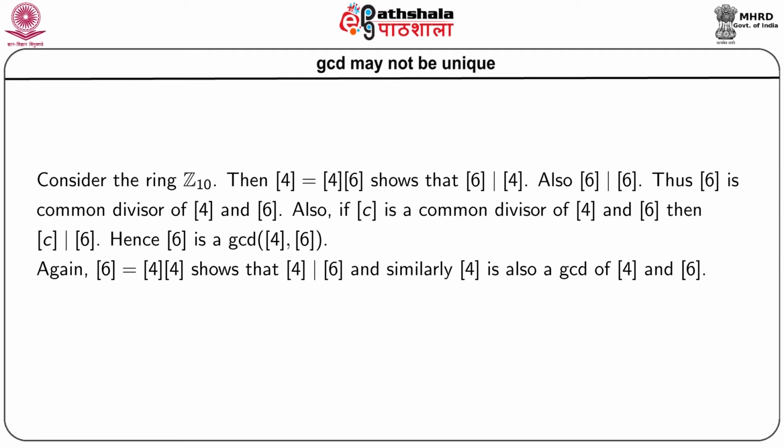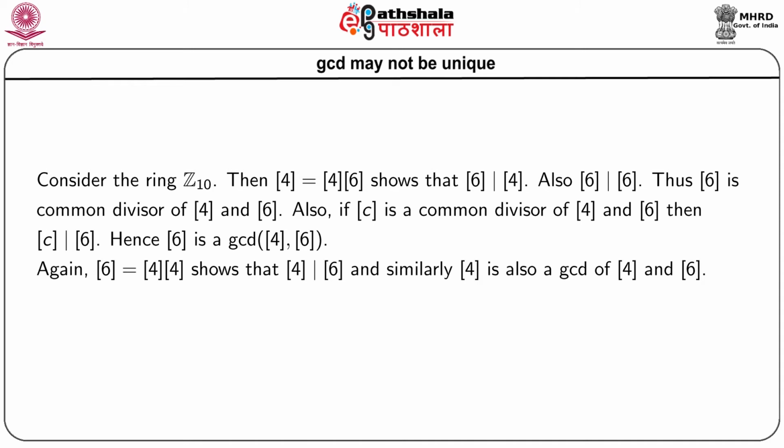For this, consider the ring Z10, that is the ring of all integers modulo 10. Here we show that 2 non-zero elements, 4 and 6, have more than one GCD. We show that in fact both 4 and 6 are GCD of 4 and 6.